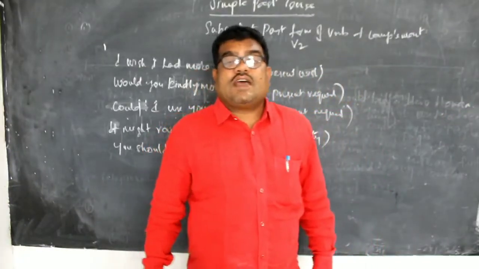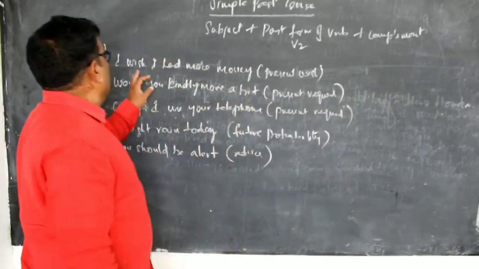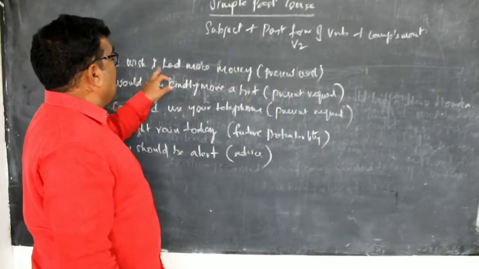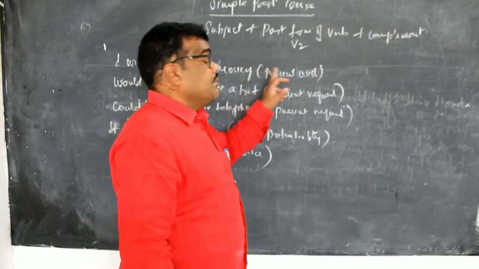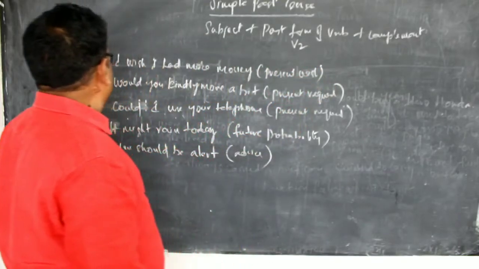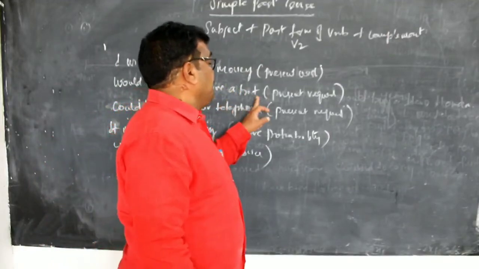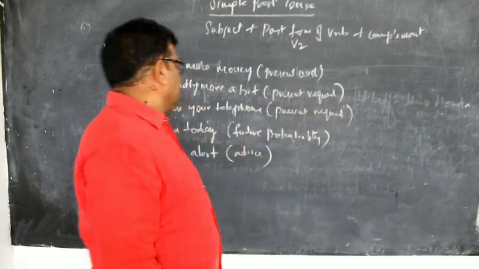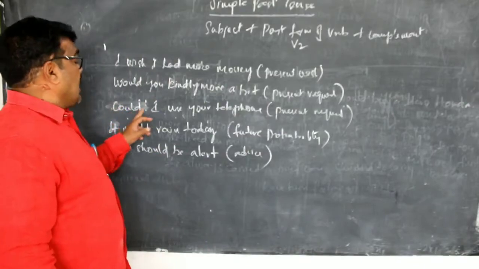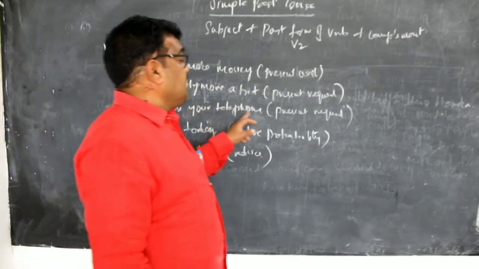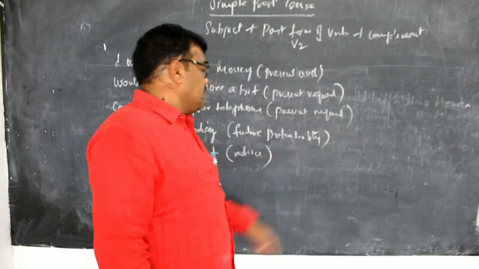Some more examples. I wish I had more money. That is a present wish. Would you kindly move a bit? That is a present request. Could I use your telephone? This is also a present request.